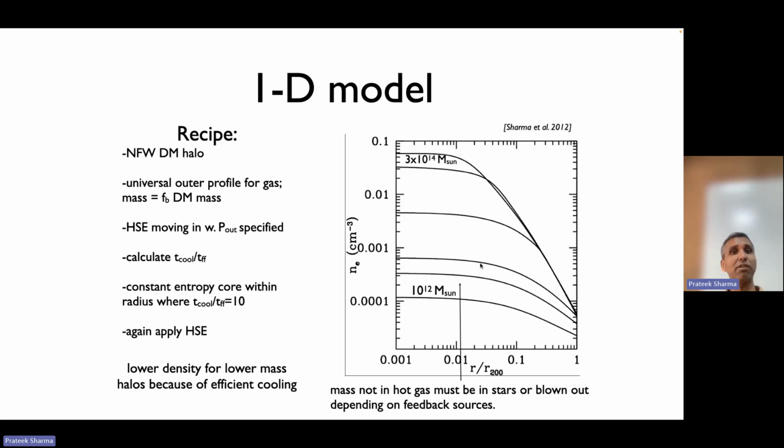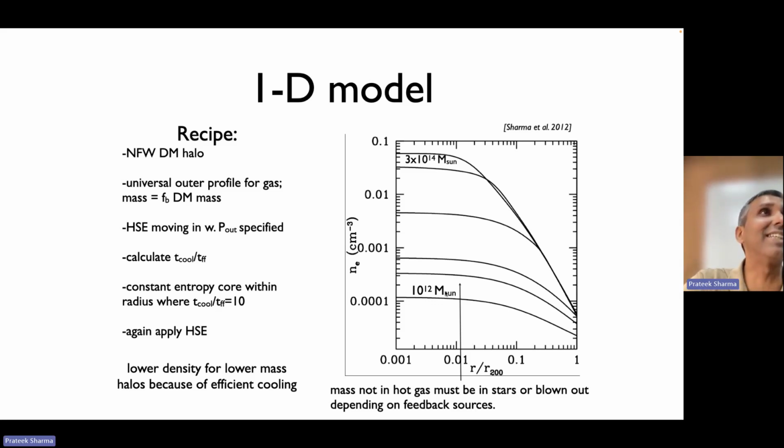What it says is, because of efficient radiative cooling, you cannot have more than this density in the low mass halos. All this matter that would have otherwise been there in the absence of radiative cooling is available for forming stars, right? So basically what this shows is the breakdown of the self-similarity assumption, right?